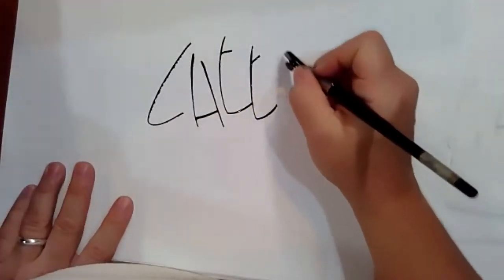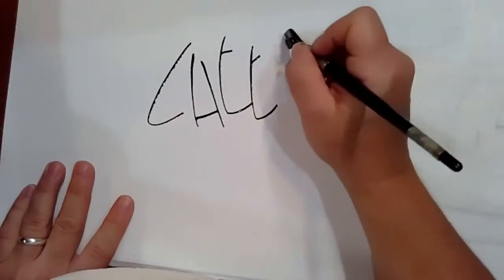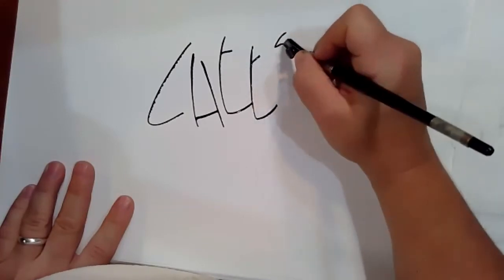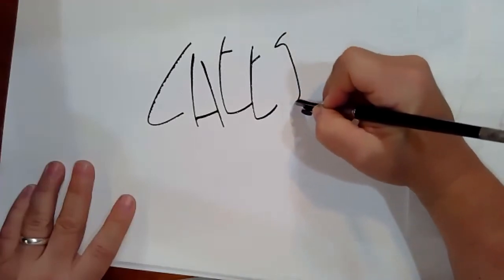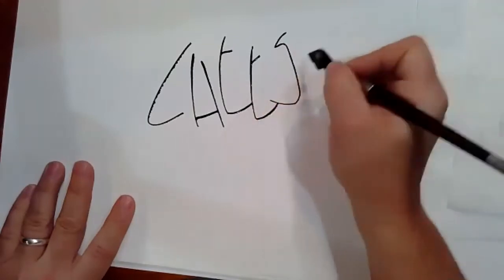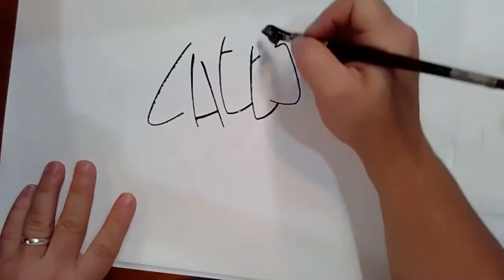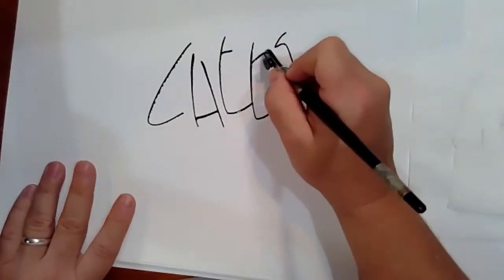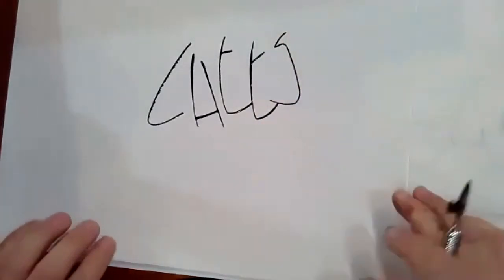Let's see if I come in like this, come down, and then come in like this. Could do something like that to get into that space. I feel like there's a little bit too much space right here. So maybe we do something like that and extend that just a wee bit.